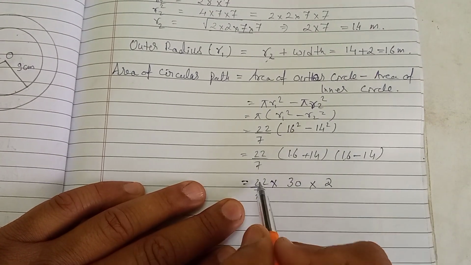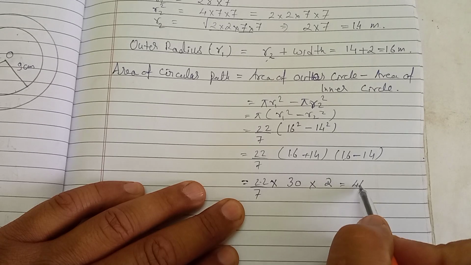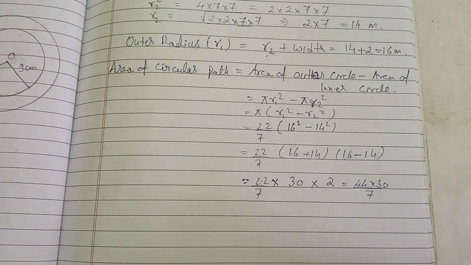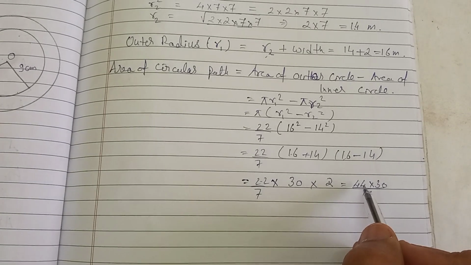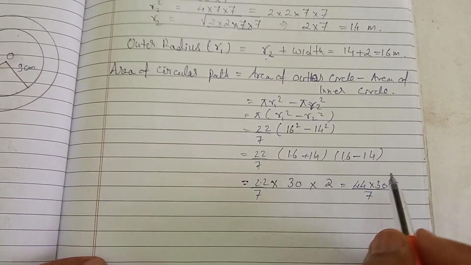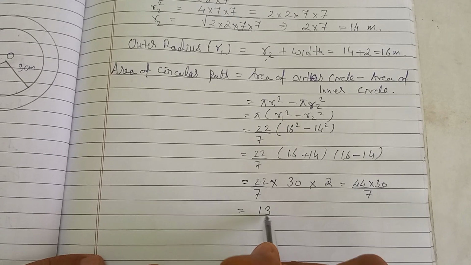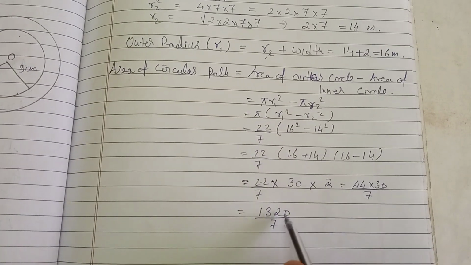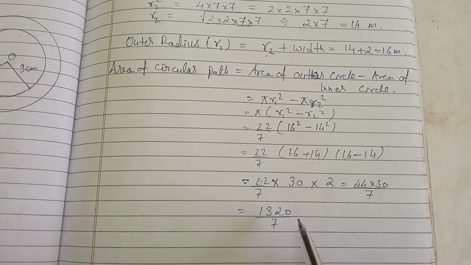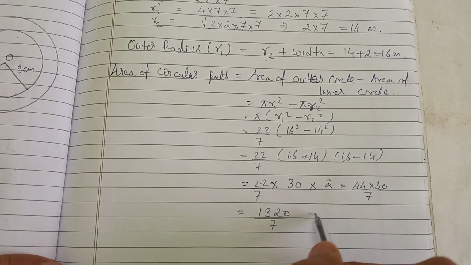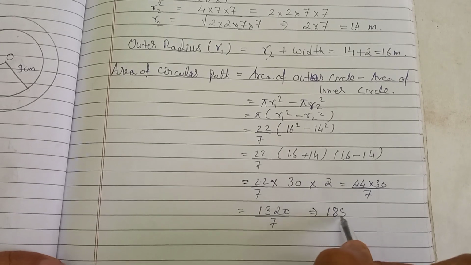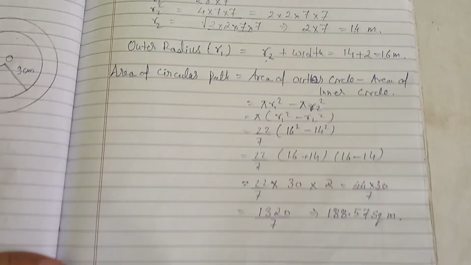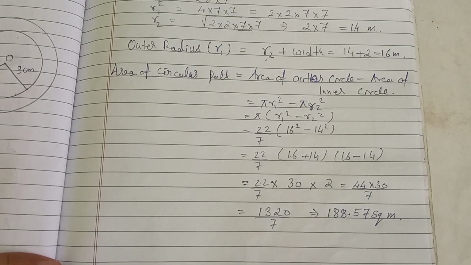Now you multiply 22 into 2, that is 44 into 30 whole upon 7. 44 into 30 is 1320 upon 7. Now we have to divide 1320 by 7. If you divide, you will get 188.57 square meter. Is it clear?